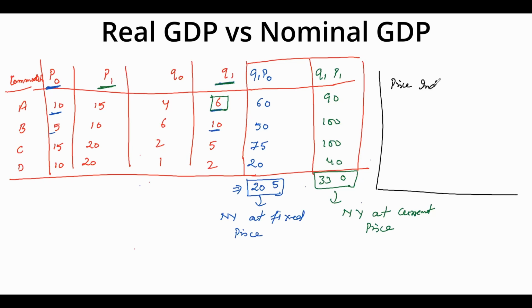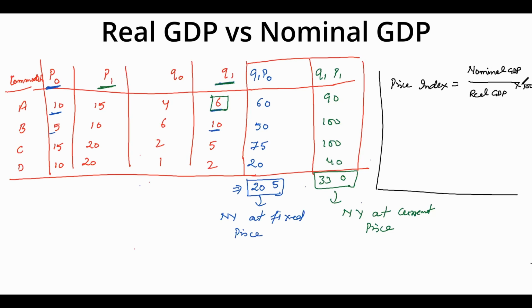Price index can be measured by nominal GDP upon real GDP into 100. So if we want to have the price index, it means how much change there is in the price in the current year with reference to base year.